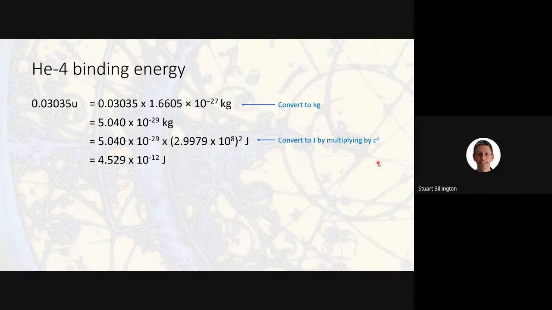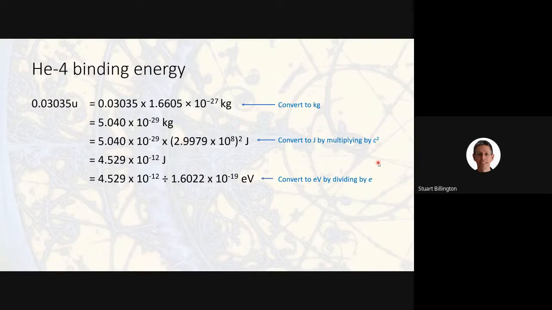So I'd like you to convert to electron volts. There are 1.6 times 10 to the minus 19 joules per electron volt. So you need to see how many times 1.6 times 10 to the minus 19 fits inside the number of joules you've got. If for any reason you can't ever remember whether you multiply or divide when converting into electron volts, then just try one of them.